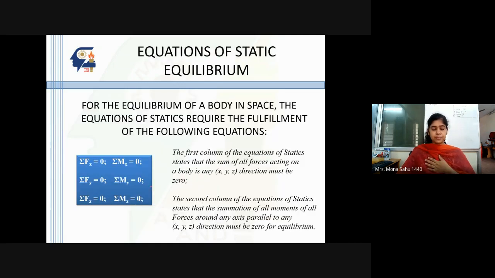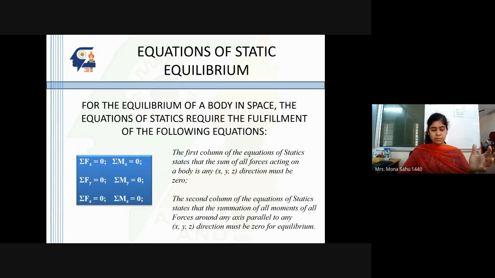Coming to equations of static equilibrium, you guys know this. We have done it in engineering mechanics last year. So equilibrium of a body in space. If you say that the body is at equilibrium, that means if you apply force, it remains there, there is no movement.